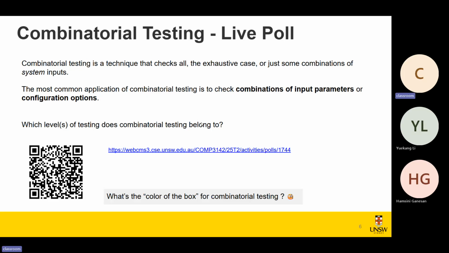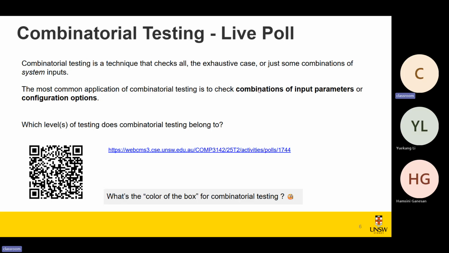Now let's think about another problem. What is the color of box for combinatorial testing? Is it black box or gray box or white box? We just care about different combinations of input parameters or system configuration options.